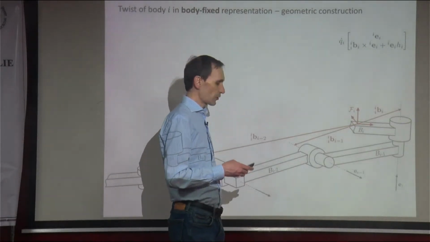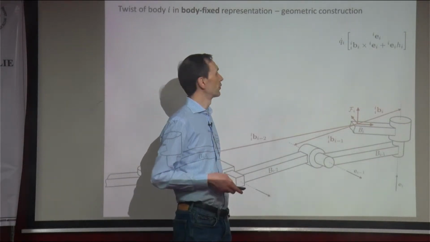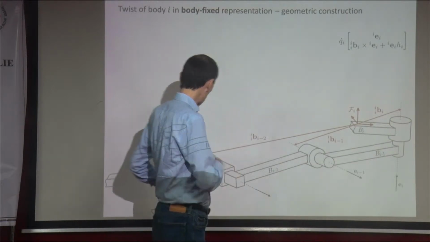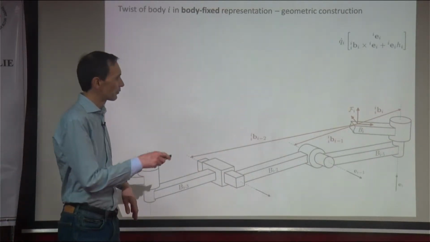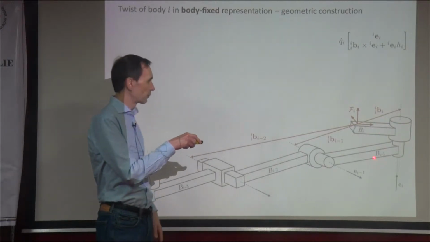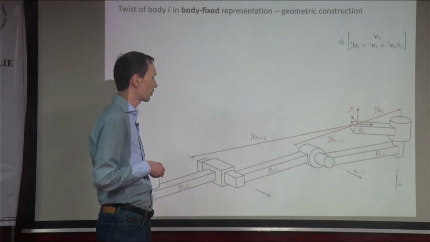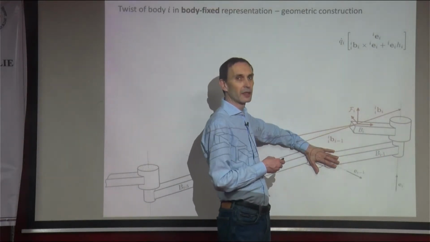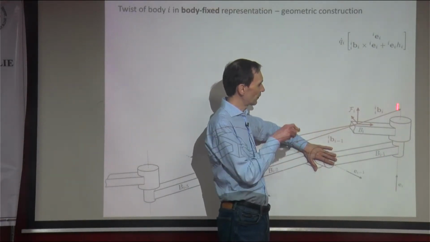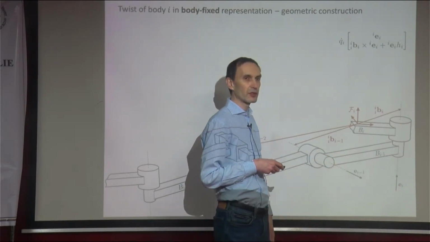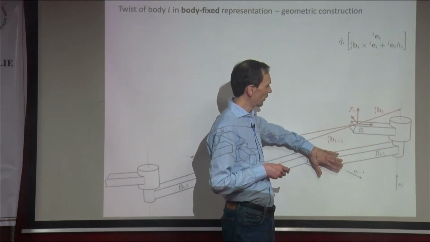Let's maybe start from an intuitive point of view. We have a kinematic chain again, so we look at body i again, and then of course come the predecessors, body i minus 1, i minus 2, and so on. Now the question is, again with revolute joints, what happens if we are rotating the last joint and the rest is fixed?